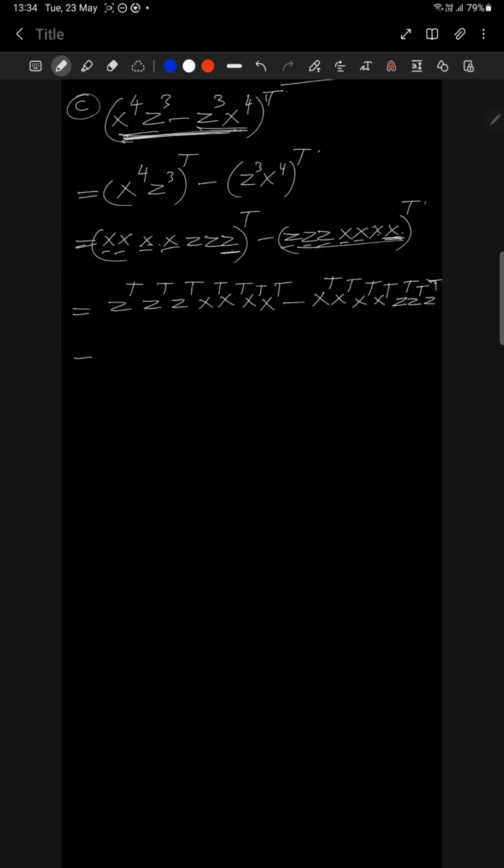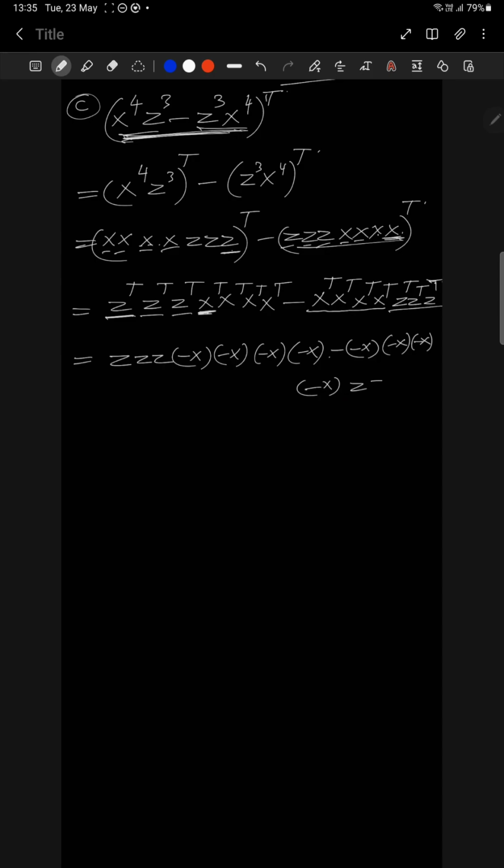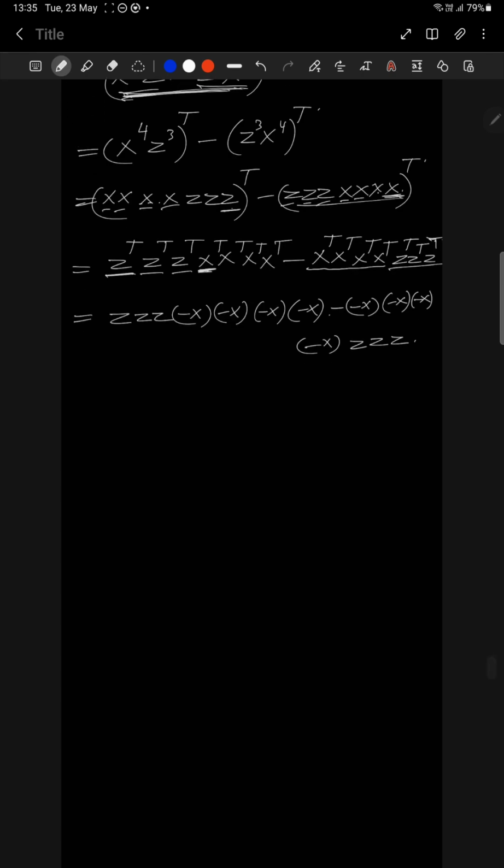Now it is given to us that Z is a symmetric matrix, so Z transpose will become Z. But X is given as skew symmetric, so we can write X transpose as minus X, then minus X, then minus X. Coming to this part, these four will be written as minus X four times, and Z transpose three times, because Z is symmetric.